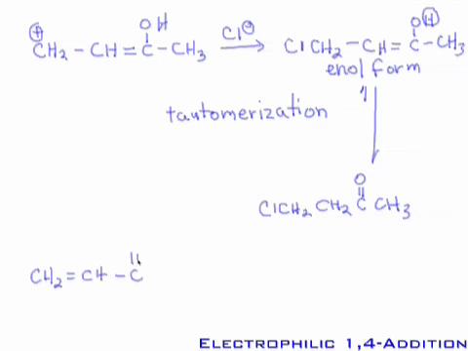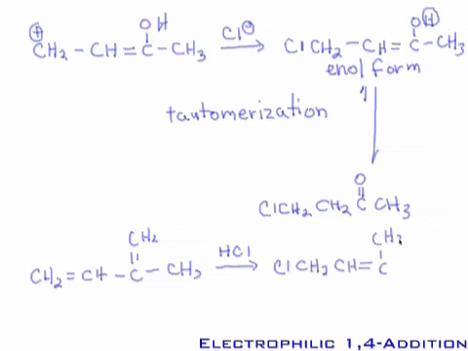Well, if I draw the butadiene in an analogous position to the methyl ketone, it is possible to do 1,4 addition of HCl and produce Cl, CH2, CH, double bond, C, CH3, CH3.